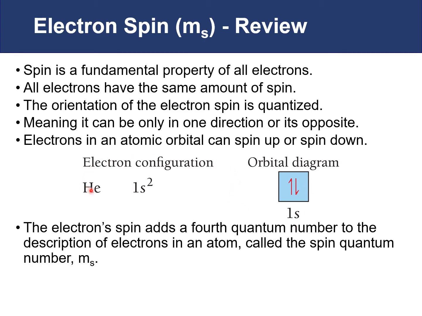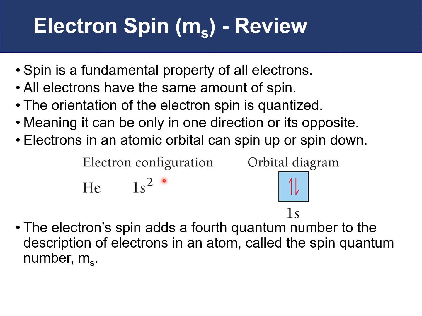So for the helium atom, the electron configuration we would write is 1s2, meaning that our principal quantum number N is 1, our L value is 0, which correlates with an s orbital, and then this 2 here is a combination of our M sub L and our M sub S. Our M sub L value would be 0, which tells us that we have one orbital.